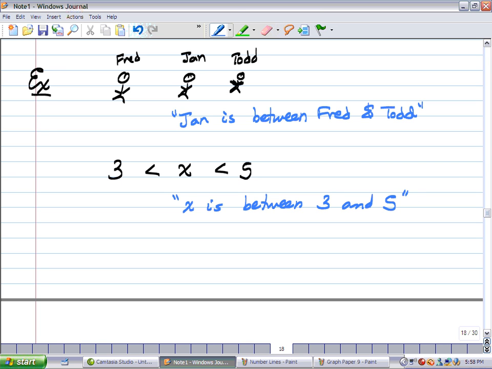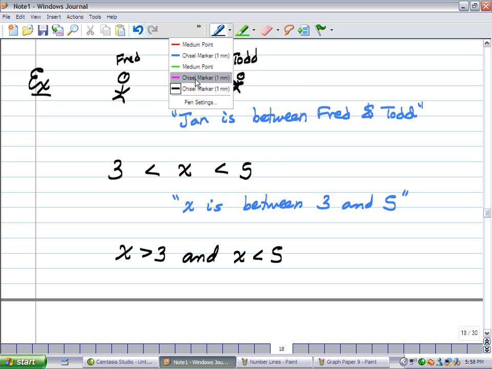Okay. So when we see a string like this, we're going to say between. Notice we can also say here that x is greater than 3 and x is less than 5. What numbers are greater than 3 and less than 5? All the numbers that are also in between 3 and 5.